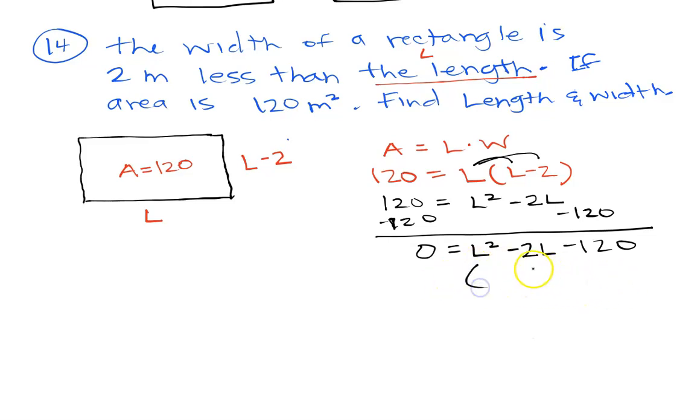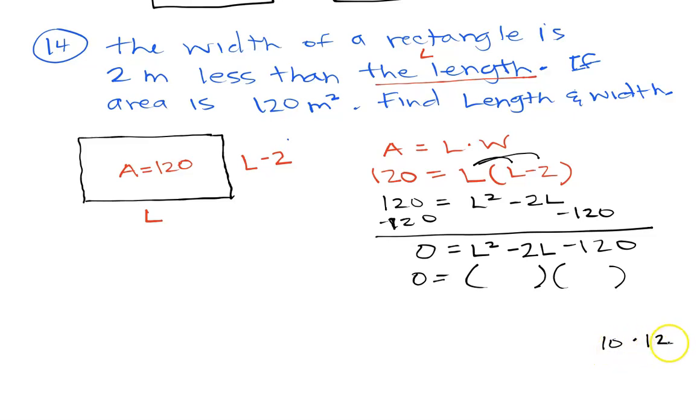So let's see, how does this factor? What multiplies to be negative 120 and adds to be negative 2? Well, I know that 10 times 12 is 120, and it ends in a 0, so that's usually the first one I think about.